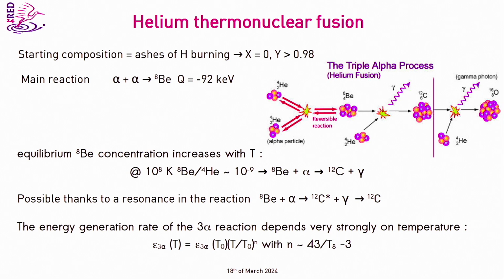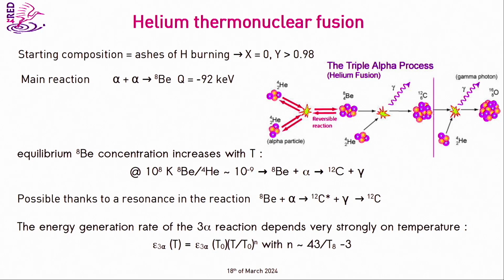But the thing is that, as you see, the Q value of the reaction, the energy produced by the reaction, is not produced, it's consumed. It's an endothermic reaction. So you use the energy. So it doesn't stay there, and it's a reversible reaction. So you start doing this, but in the end, you never manage to go beyond the beryllium-8.